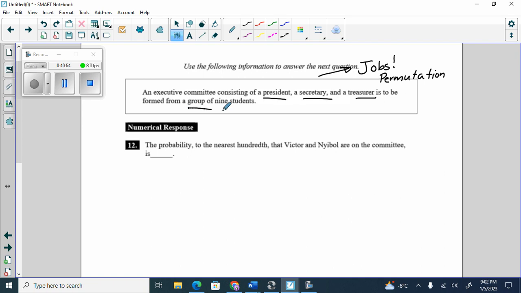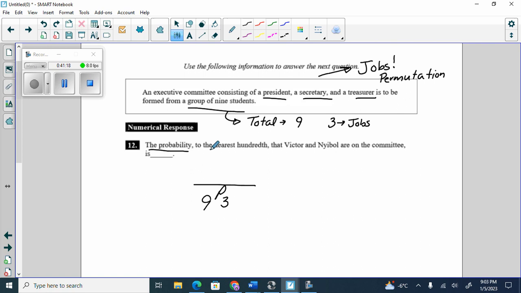Formed from a group of 9 students. Bottom is total, no restrictions. So I'm going to get 9P3, no matter what. Boom. That's my bottom. Total, no restrictions. I know it's a P. Give them jobs. Let's read the rest.